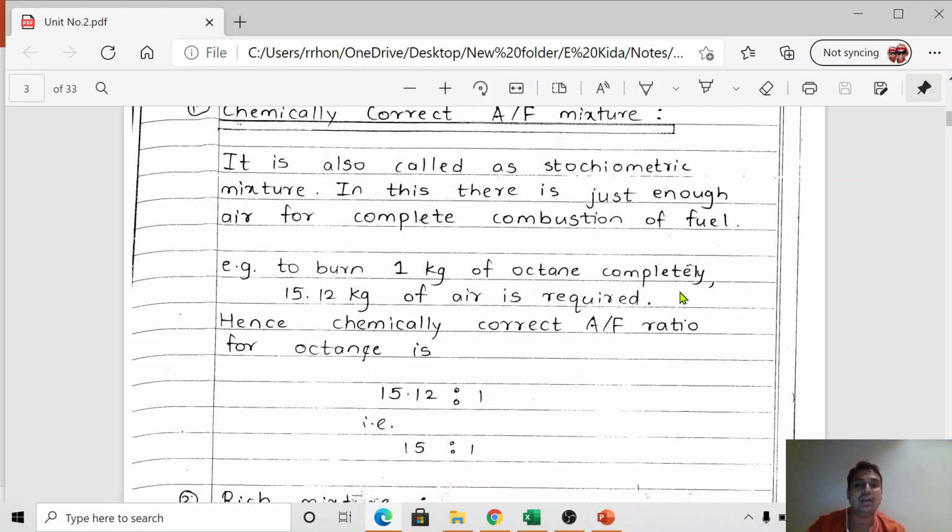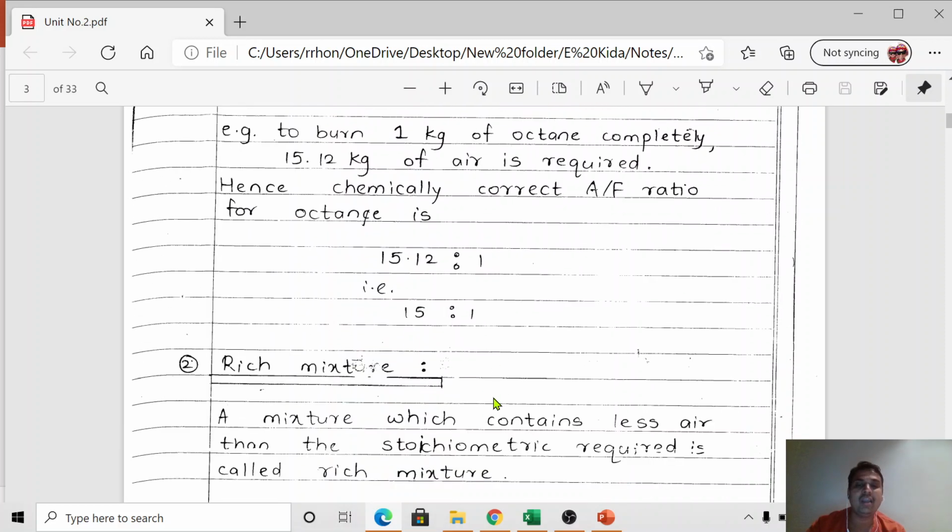So how can we write this? 15.12 kg of air and 1 kg of fuel. That's why the air fuel ratio is 15.12 to 1. Simply we can write 15 to 1 as the air to fuel ratio. This 15 indicates the value of air, that is 15 kg, and 1 kg indicates the value of fuel.